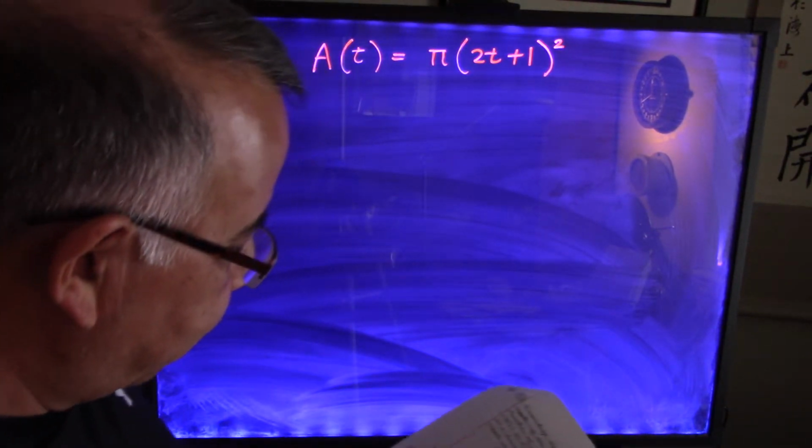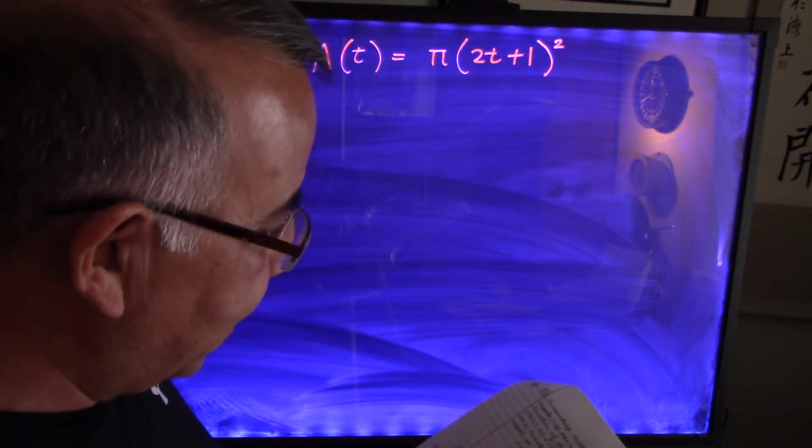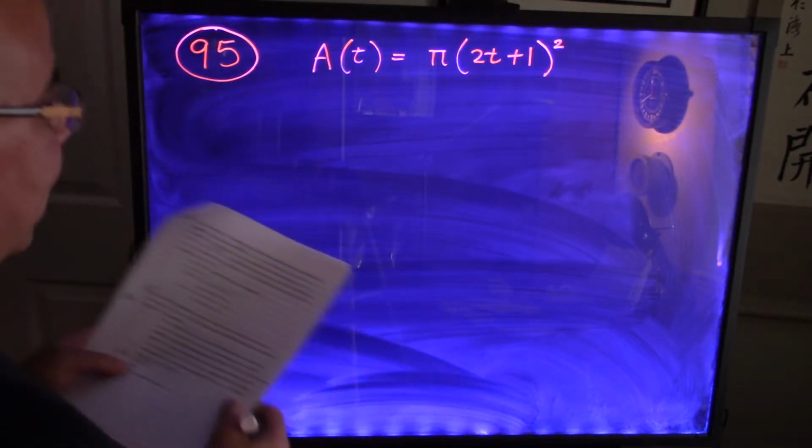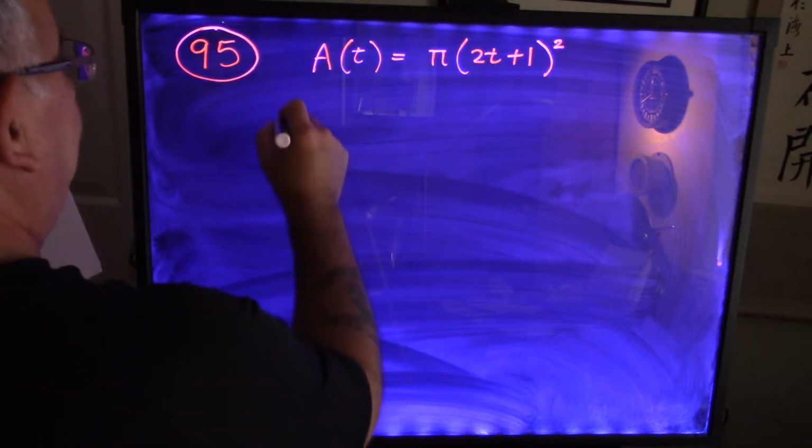All right. Now what do we want? Let's see. Find the total area burned after 5 minutes. So what you want to do is find A of 5.